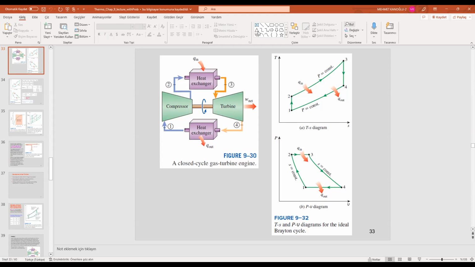Between process 1 and 2, there is work input, right? Work in, work 1-2, which is equal to... it is an open system, right? The compressor is a control volume.